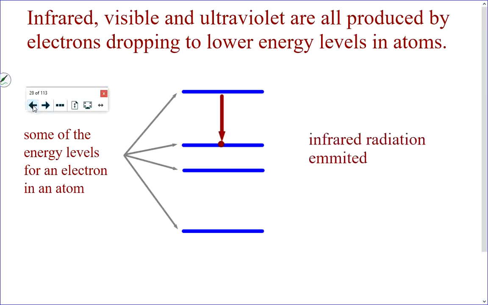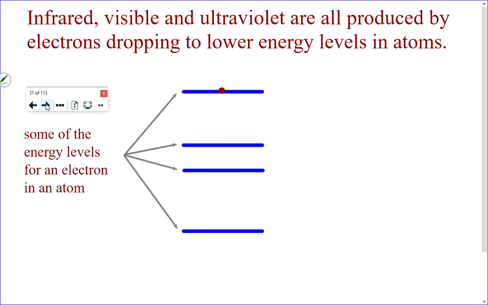So once again, a little energy drop might be infrared radiation. A bigger energy drop might be visible light. An even larger energy drop might be ultraviolet. And by the way, there's more than 4 energy levels in an atom. There's lots. Okay?